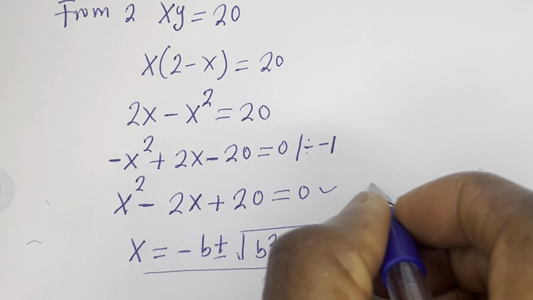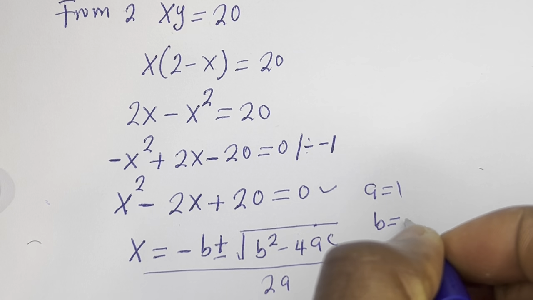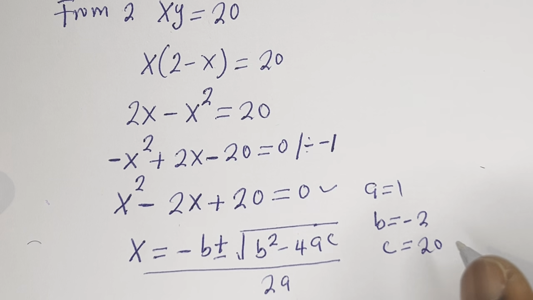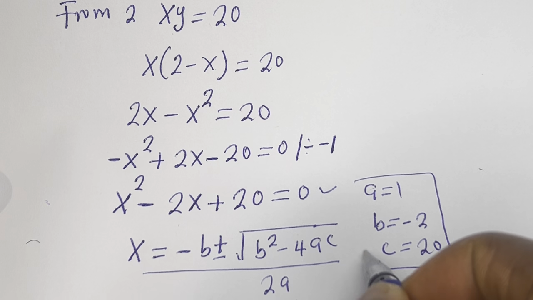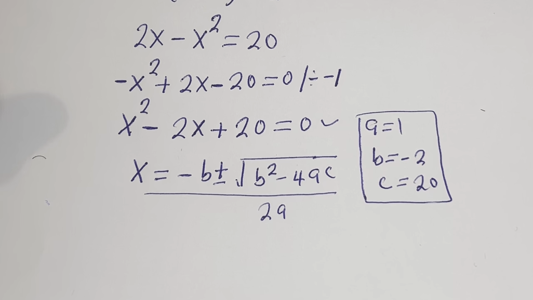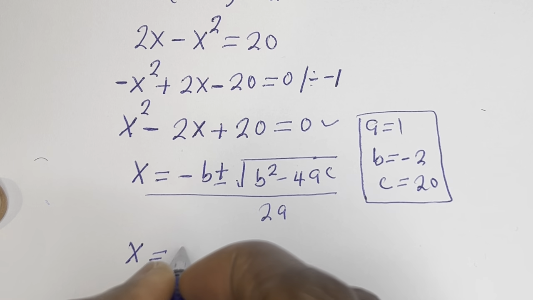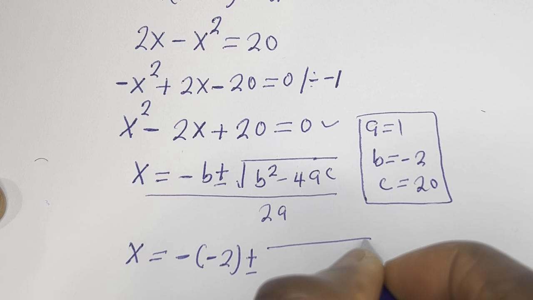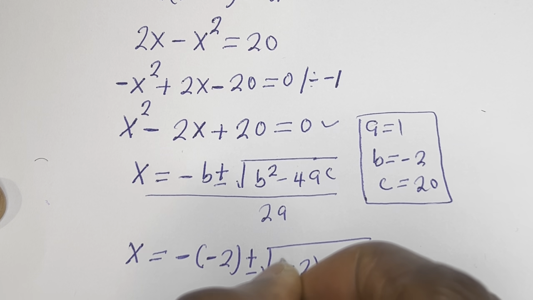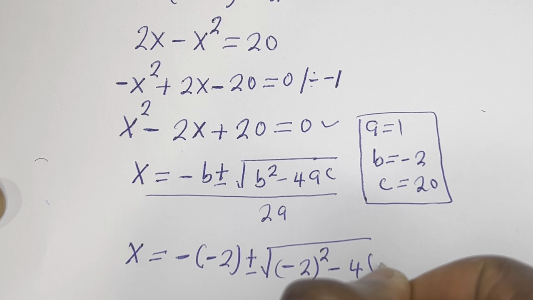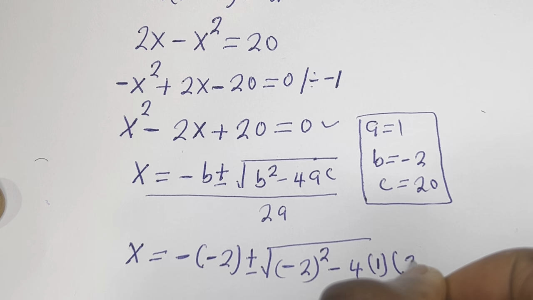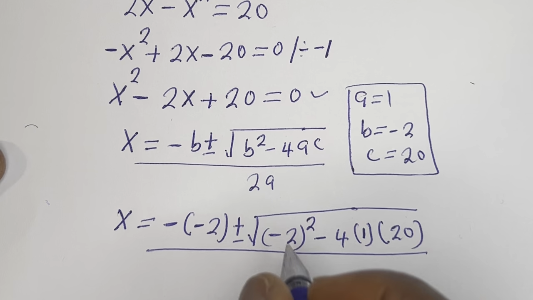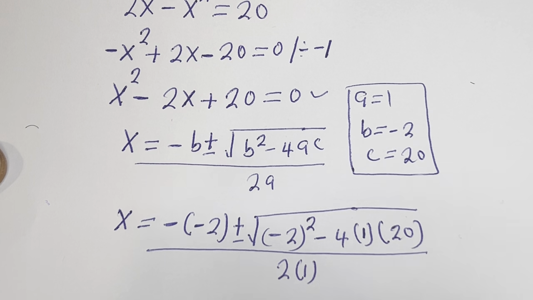And from this equation, a is equal to 1, b is equal to minus 2, c is equal to 20. x is equal to minus bracket minus 2, plus or minus square root of minus 2 square minus 4 multiplied by 1 multiplied by 20, divided by 2 multiplied by 1.